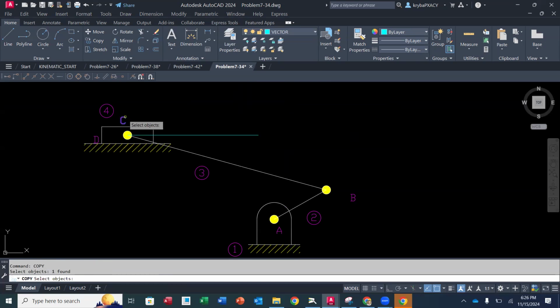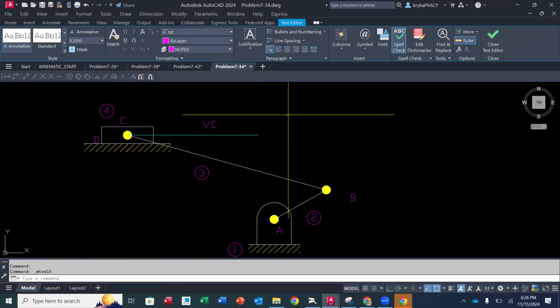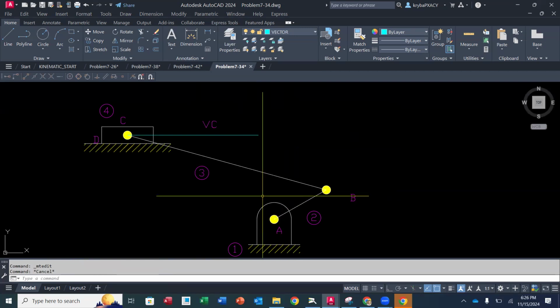The velocity of point C is going to be along this line of action. So I'm going to rename this as BC. Okay. This crank is going in a clockwise direction, so it's going this way.